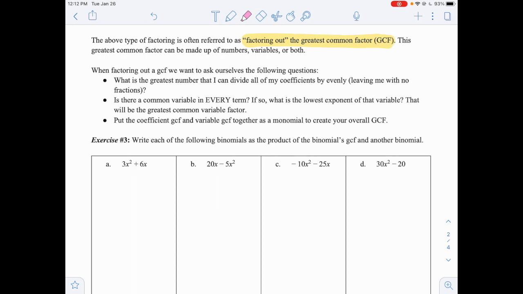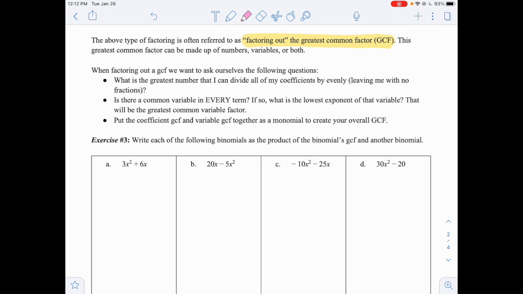If there is, then we ask what the lowest exponent is, because that's going to be our GCF. So if there's an x in every term, then x is going to be part of our GCF. Put the coefficient GCF and the variable GCF together as a monomial to create your overall GCF. And again, that will make more sense as we do some examples.